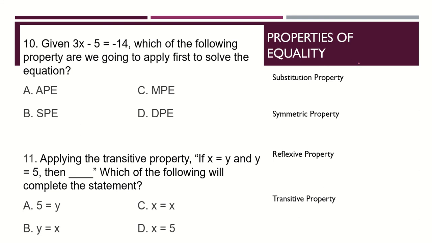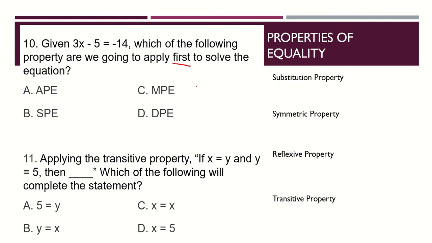Okay, so for number 10, ito namang addition, subtraction, multiplication, and division property of equality is something that you're already familiar of, kasi nag-multi-step equations na tayo. And ang tanong dito sa number 10 ay kung ano yung unang i-apply.